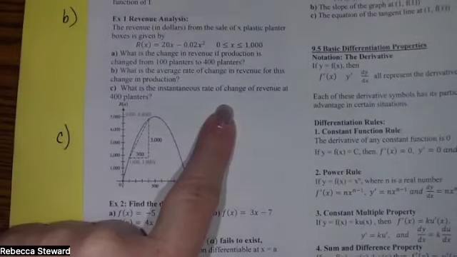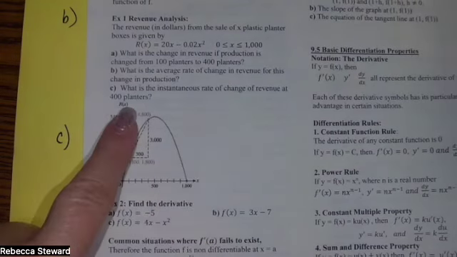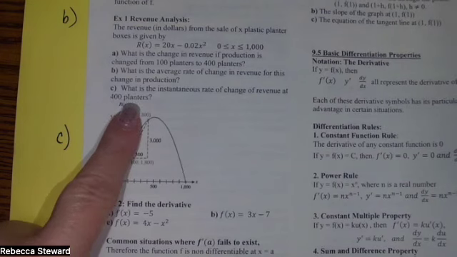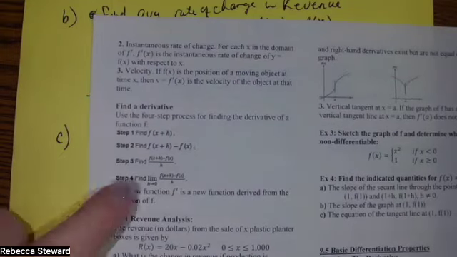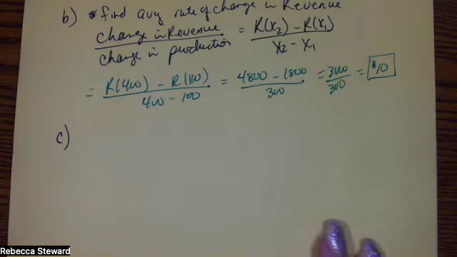So C: what is the instantaneous rate of change of revenue at 400 planters? Now we're looking at that instantaneous rate of change, so we need to do that 4-step process, where we're also going to do that limit.